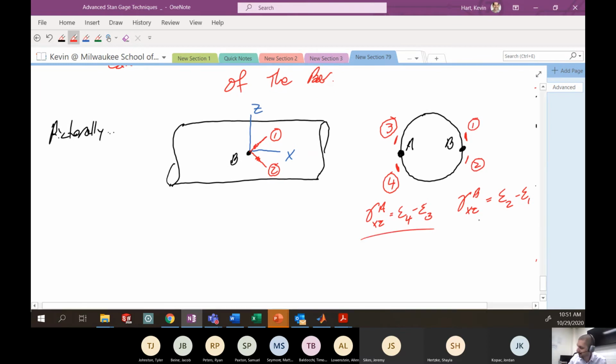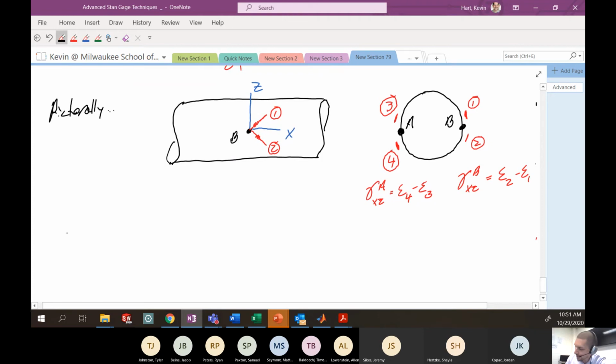So I can measure this by putting a shear tee on opposite sides of the bar. So I have the following: it's this epsilon 4 minus epsilon 3.